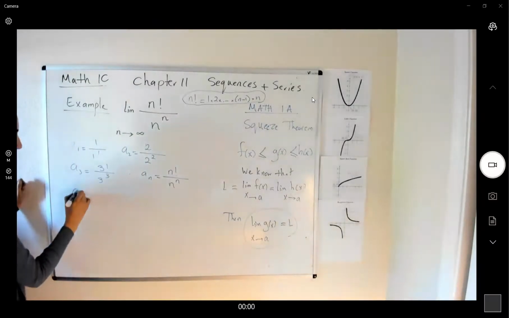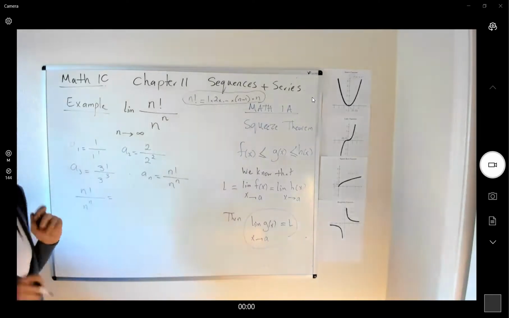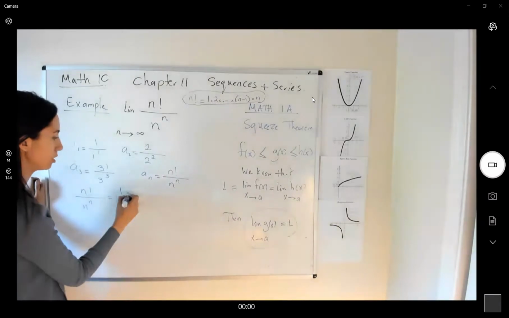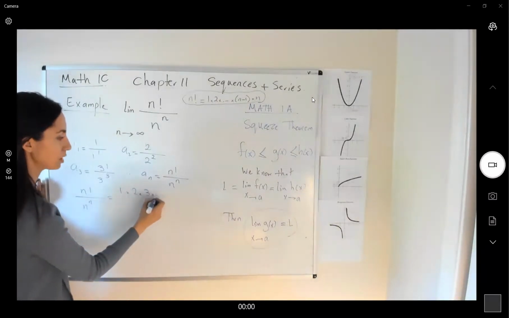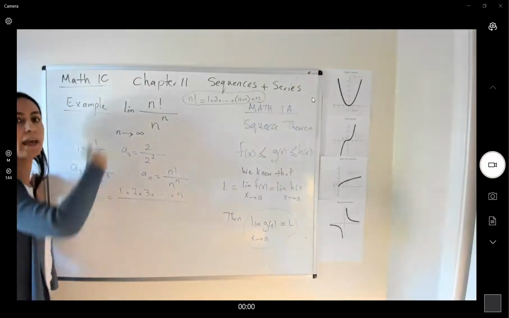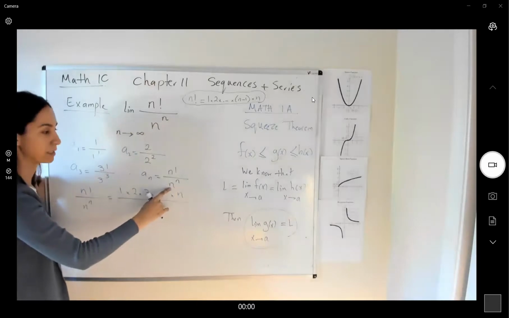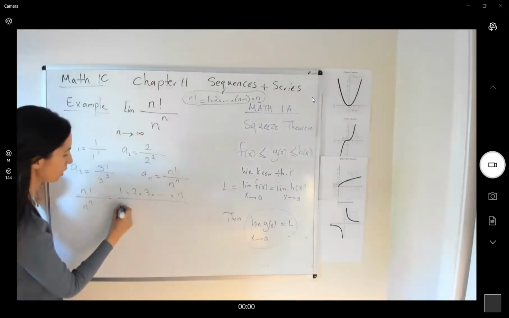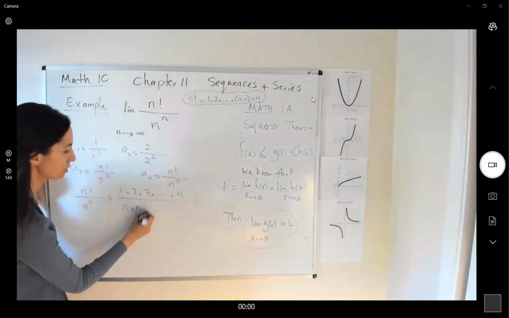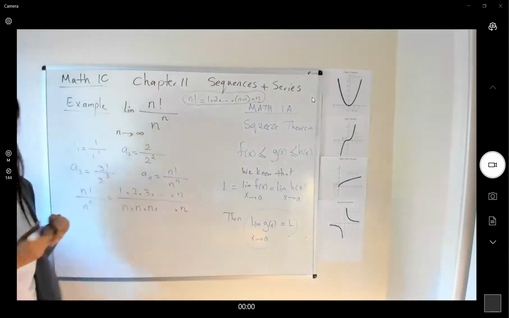Okay, a sub n, or n factorial divided by n to the n, can be written as 1 times 2 times 3 times up to n over n to the n. The meaning of n to the n is the product of n by itself n times. So you have n times n times n times n.